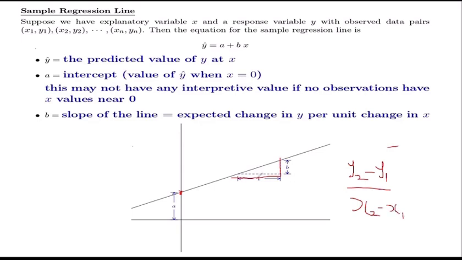Here, this is your x1. This is your x2, from the triangle. And this here is your y1, and this here is your y2.